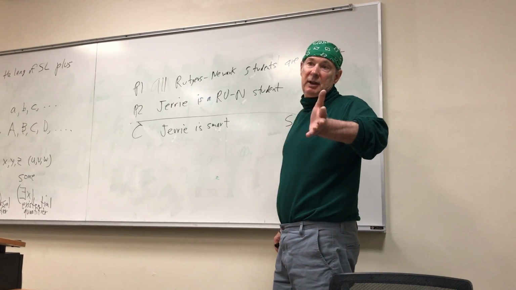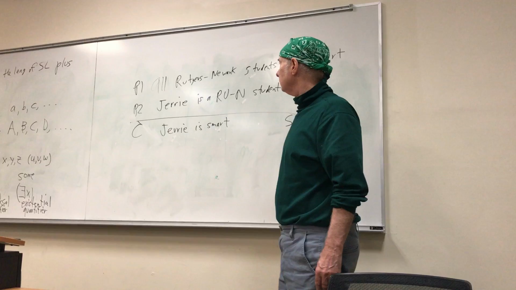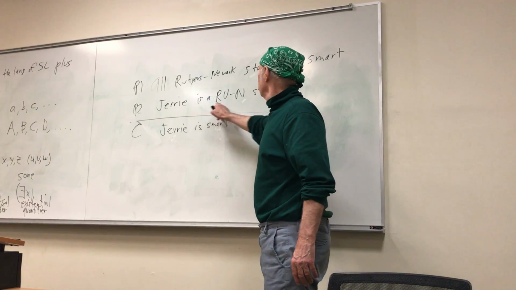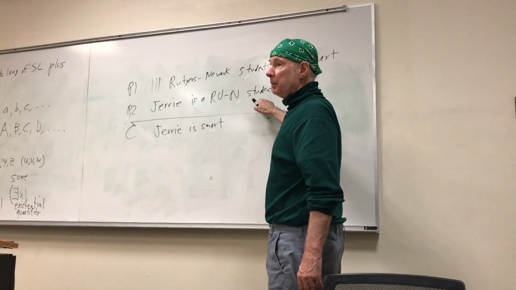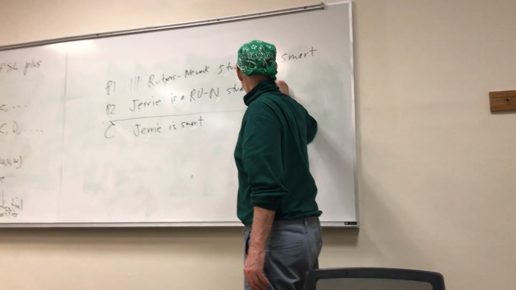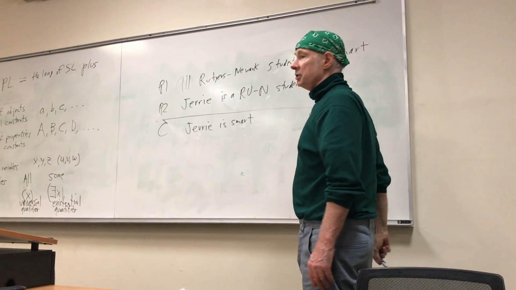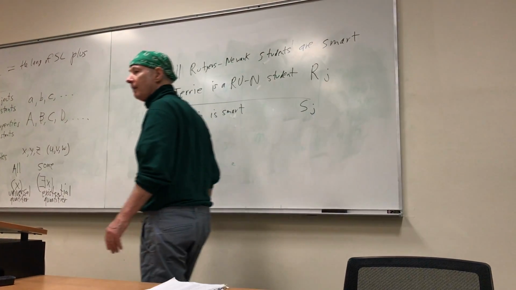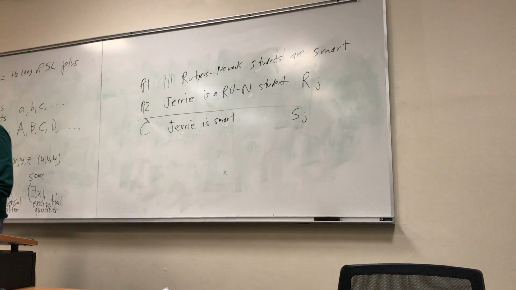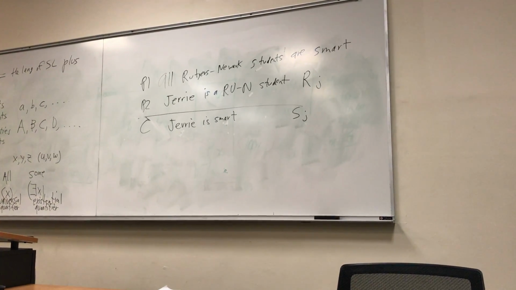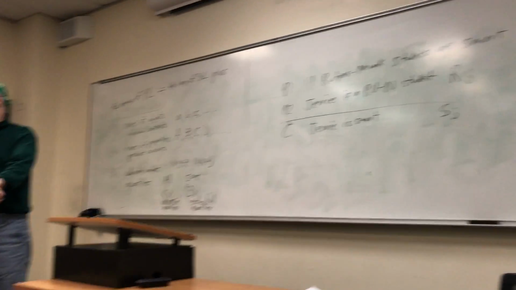So you just have to get used to that. Jerry is a Rutgers Newark student. Let's let that property be R. So that's RJ. I don't know why that's the convention, but that's the way it is.